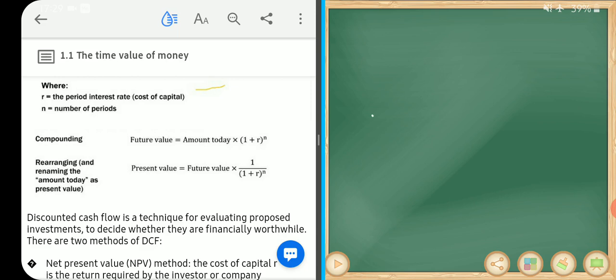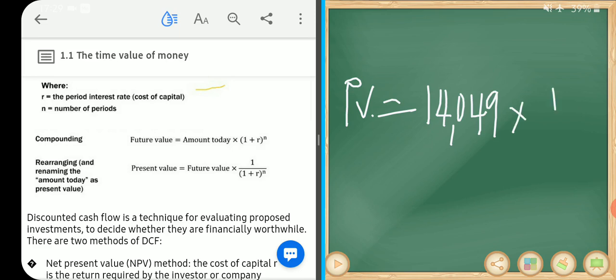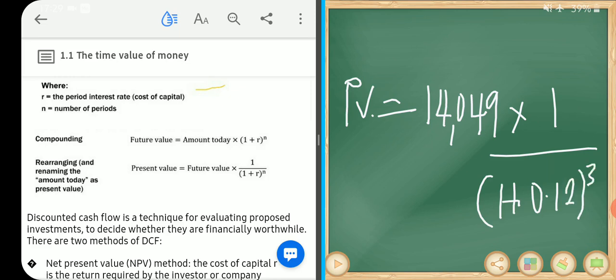We'll say our present value is equal to our future value, 14,049 sorry, we have our 14,049 times 1 all over (1 plus 0.12) raised to power 3. So by the time we calculate that, it will be 1.12 raised to power 3.